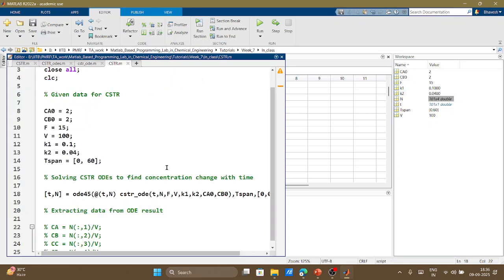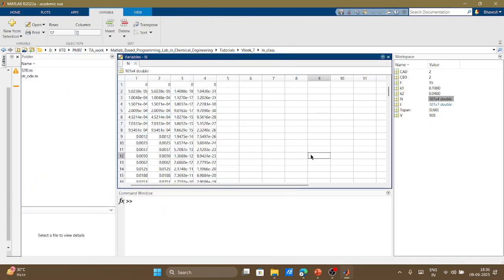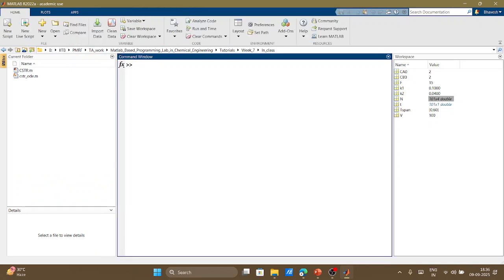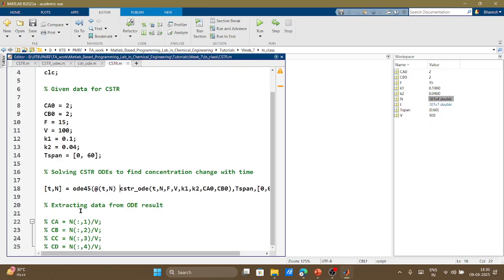So similarly here also, the data that we are getting, 1, 2, 3, 4 represents A, B, C, D values with time, right? So once you know that, extracting the information for concentration becomes an easy part. Your CA will be all the rows of column 1 divided by volume. This will become your concentration, right?